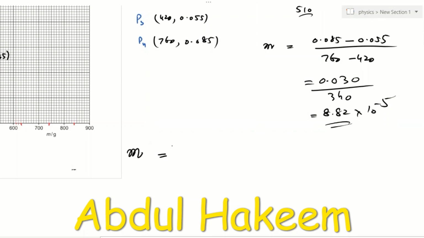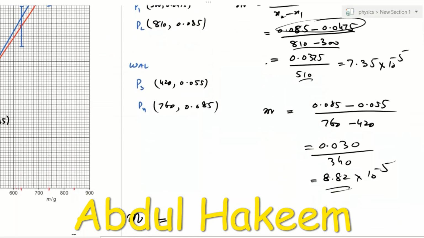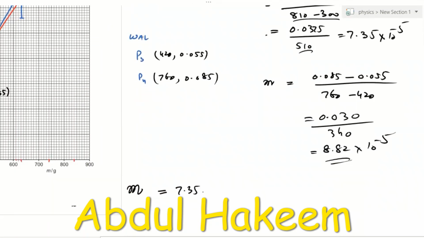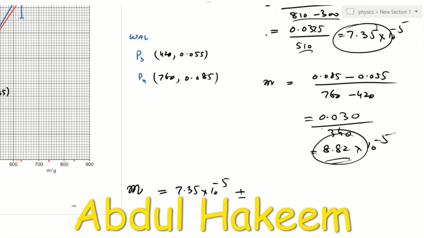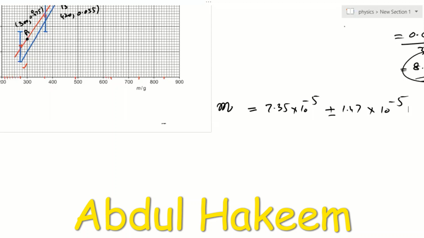So first, the gradient of the best fit, which is 7.35 times 10 power minus 5, plus minus the difference of these two values. So look, 8.82 minus 7.35, it is 1.47 times 10 power minus 5. Okay, final answer of the gradient will be 7.4 plus minus 1.5 times 10 power minus 5.